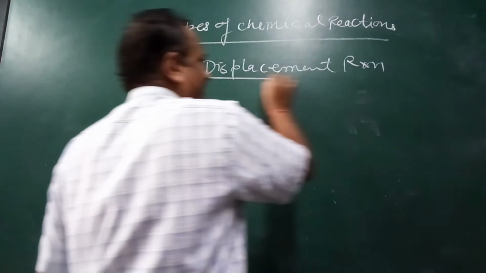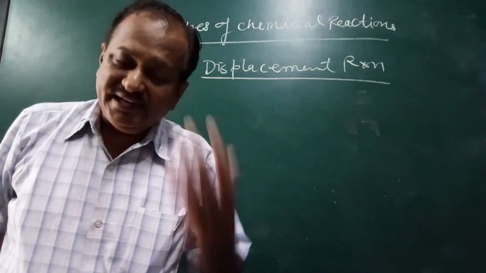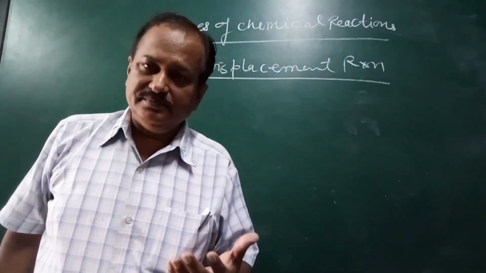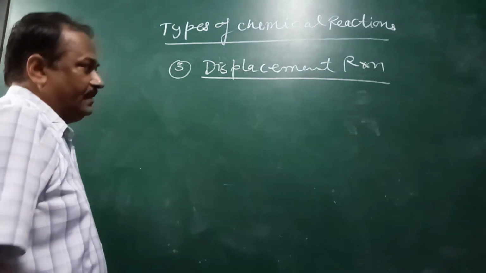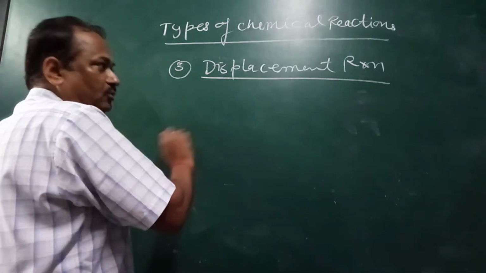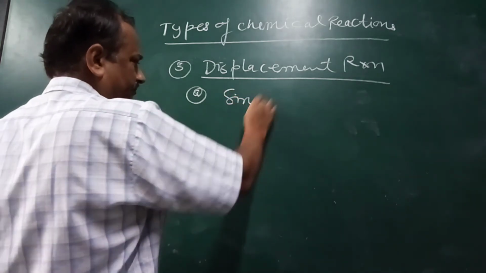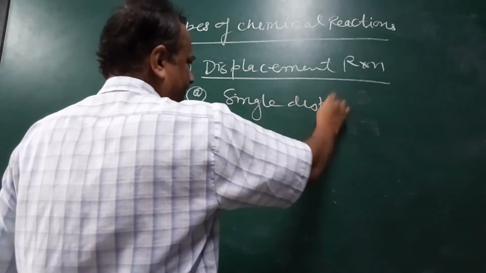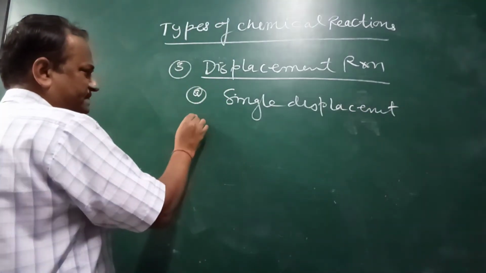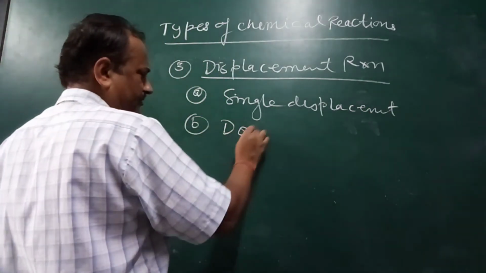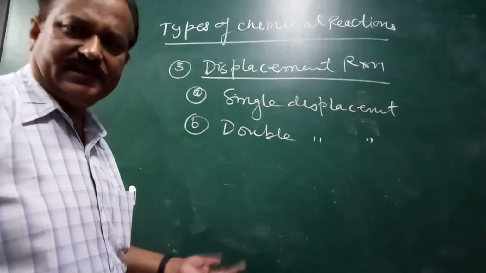As they indicate displacement, the reactive species, reactive atom or element, displaces the less reactive one, and it is of two types: single displacement and double displacement reaction.